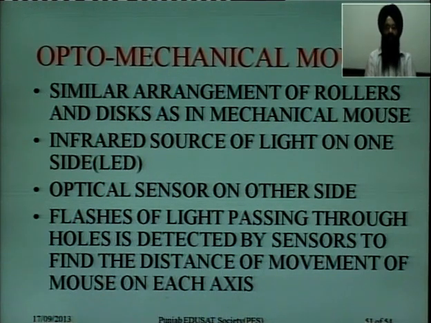Next was the opto-mechanical mouse. It has a similar arrangement of rollers and disc as in the mechanical mouse, and an infrared source of light on one side. One LED or infrared diode, which was the infrared source of light, was placed on one side and an optical sensor on the other side. The flashes of light passing through holes are detected by sensors to find the distance of movement of the mouse on each axis. So this is the basic working of the opto-mechanical mouse.